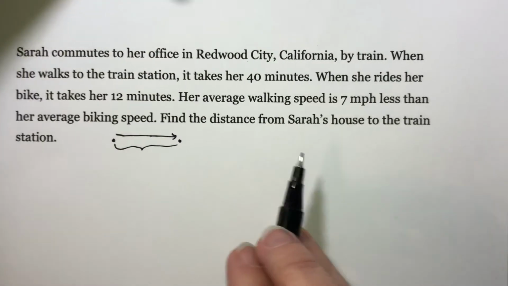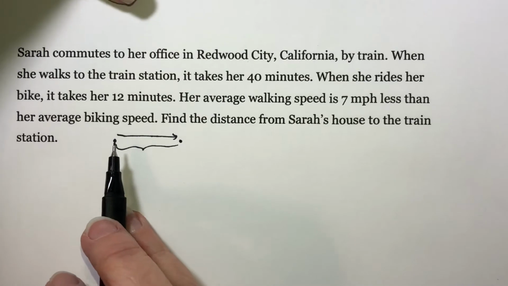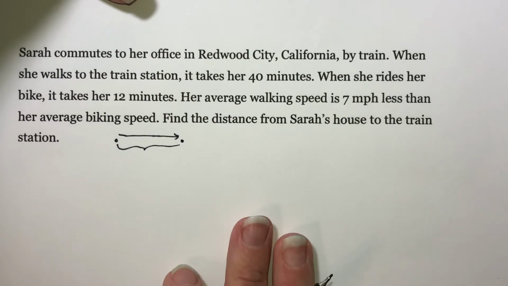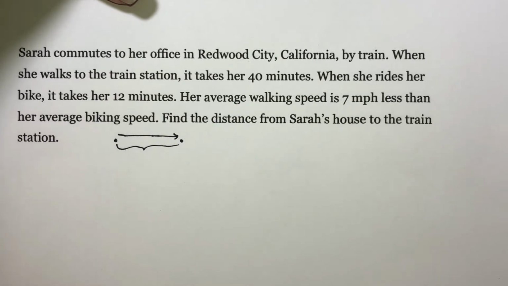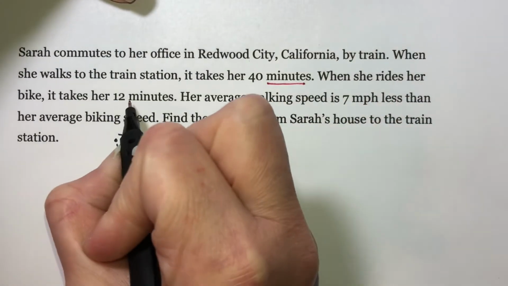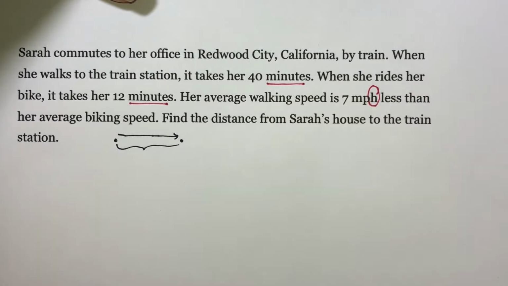In this case, a picture doesn't help a whole lot. I mean, you can draw the picture, see that it's not helping much. We're going to go to a chart, okay? The other thing we have to notice, this is minutes, this is minutes, this is hours.